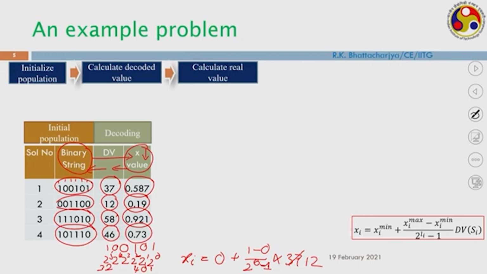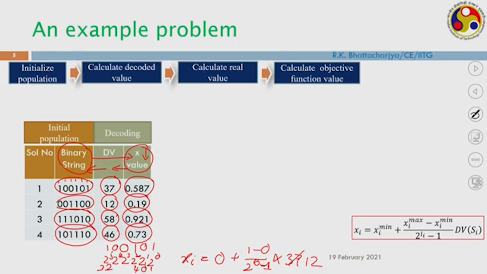So, there are two ways I can do it. Either I generate the binary string randomly, or I generate the x value randomly and then the corresponding binary string. These are the two ways I can generate the initial population.